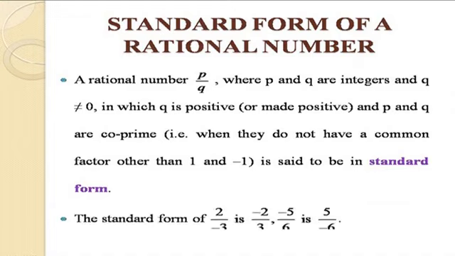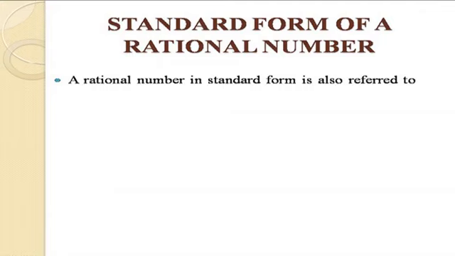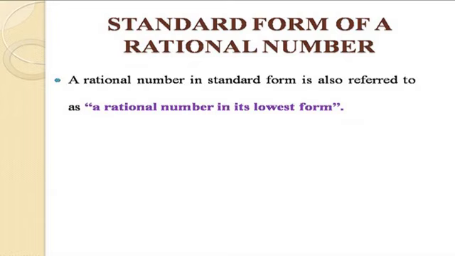For example, the standard form of 2 by minus 3 is minus 2 by 3, and minus 5 by 6 is the standard form of 5 by minus 6. A rational number in standard form is also referred to as a rational number in its lowest form.